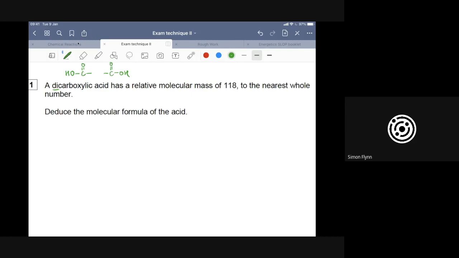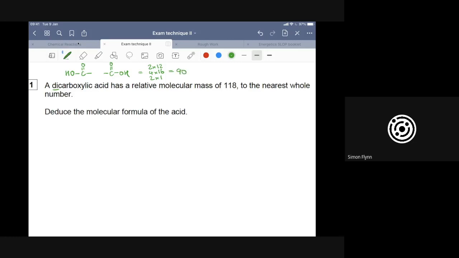Now, if we add all of that up, it is 2 times carbons, so 2 times 12. It is 4 times oxygen, so 4 times 16, and 2 times hydrogen, which is 2 times 1, and that equals 24, 64, so that's 88, that's 90.